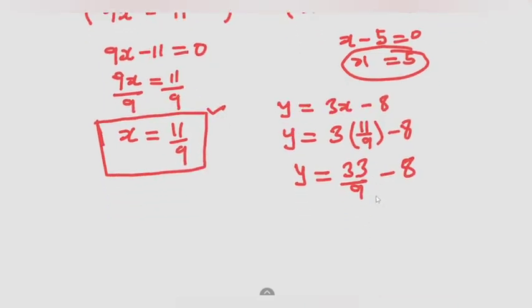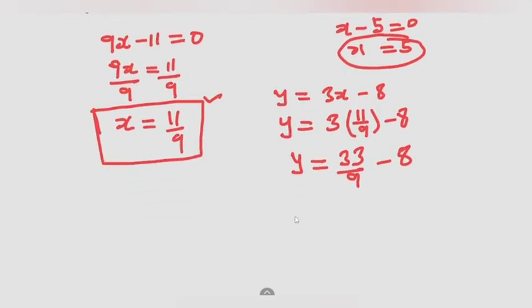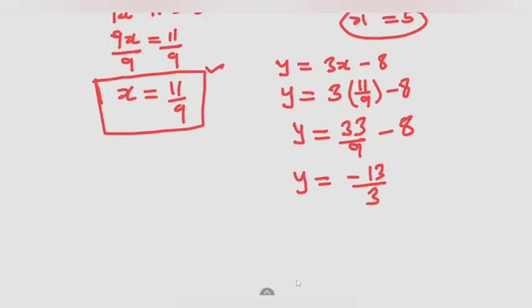Then from here, what are we going to do? We are going to just punch on our calculator, where we have 33 over 9 minus 8, and this will give us negative 13 over 3. So you can see that we have these two possible values of x and y.